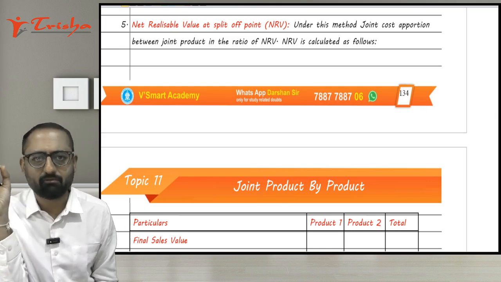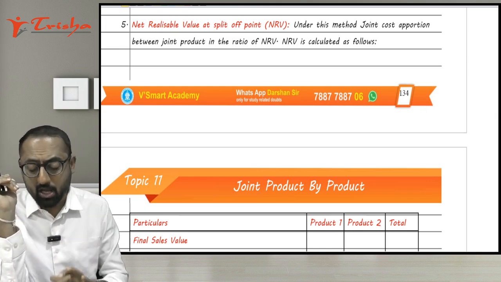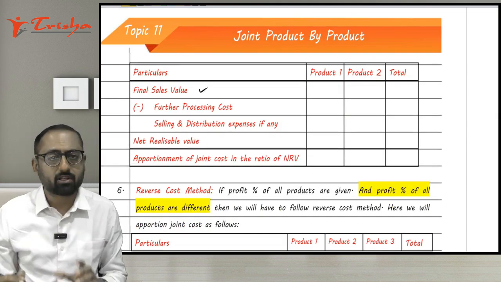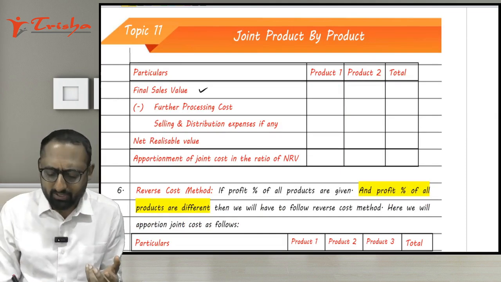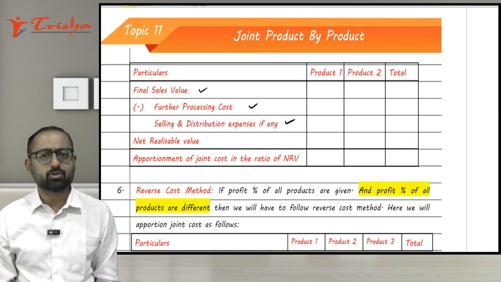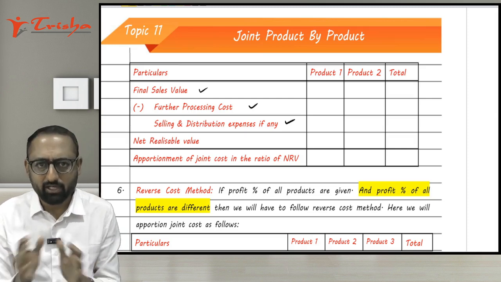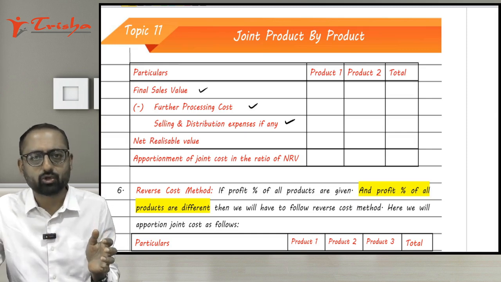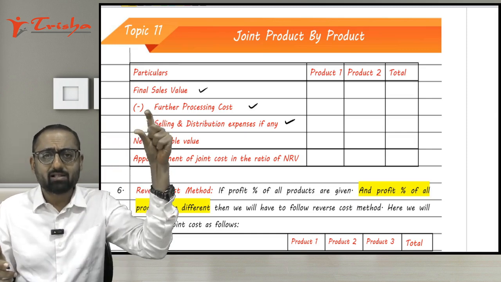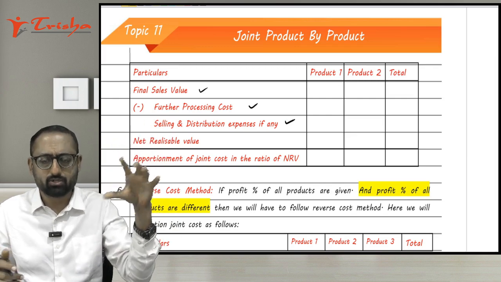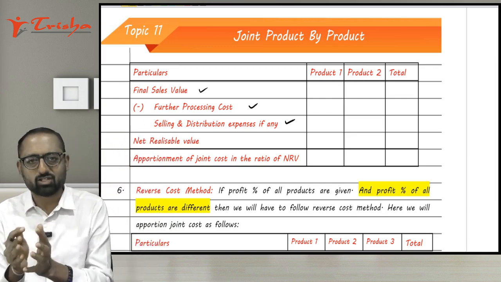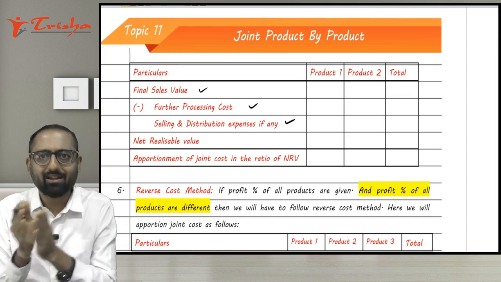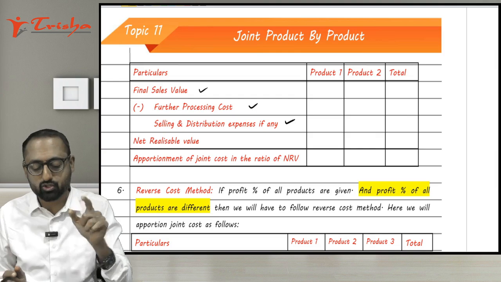And net realizable value will be calculated as follows: the final sales value minus further processing costs, including selling and distribution expenses. It will be your NRV. On the basis of NRV, you will allocate the joint cost. So remember the formula: final sales value minus further processing cost. Further processing cost includes the selling and distribution expenses. It will be your NRV, and in that ratio you are going to allocate the joint cost.